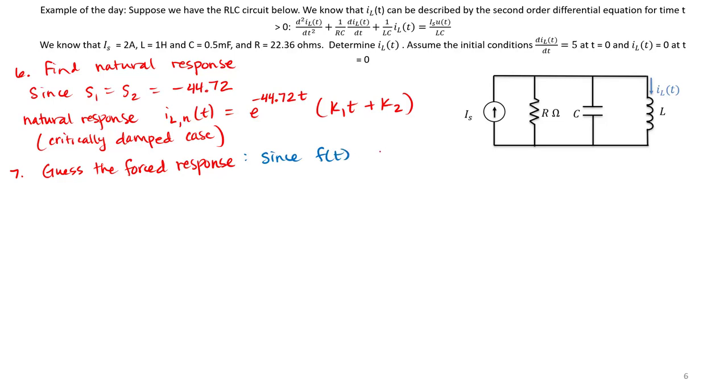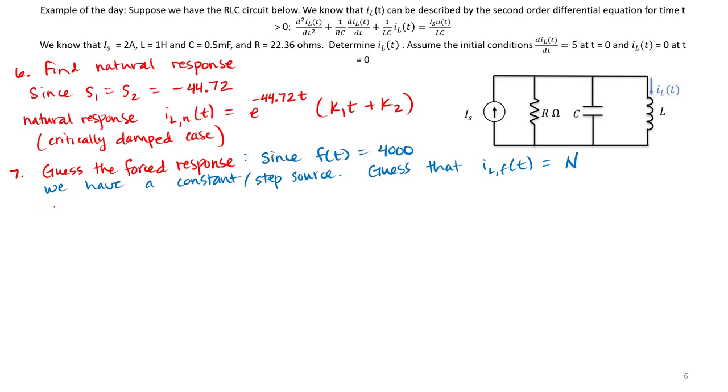So since our forcing function f of t is equal to 4,000, we have a constant or a step source. And you'll remember from our prior videos, that means we need to guess that our forced response iL,f of t is equal to n, where n is some constant.